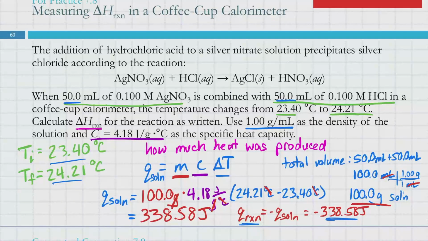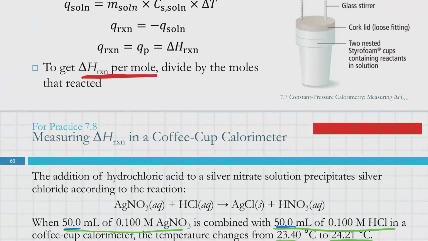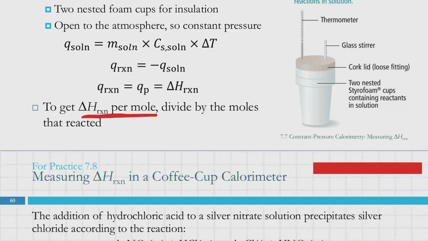If we did this again and we used different amounts, how would we figure out if we got the right amount of heat produced? Stoichiometry? Is that what you're saying? Yes. There's a part of the stoichiometry that we're missing. So if we refer back to our previous slide, to get the delta H reaction per mole, we need to divide by the moles that reacted.